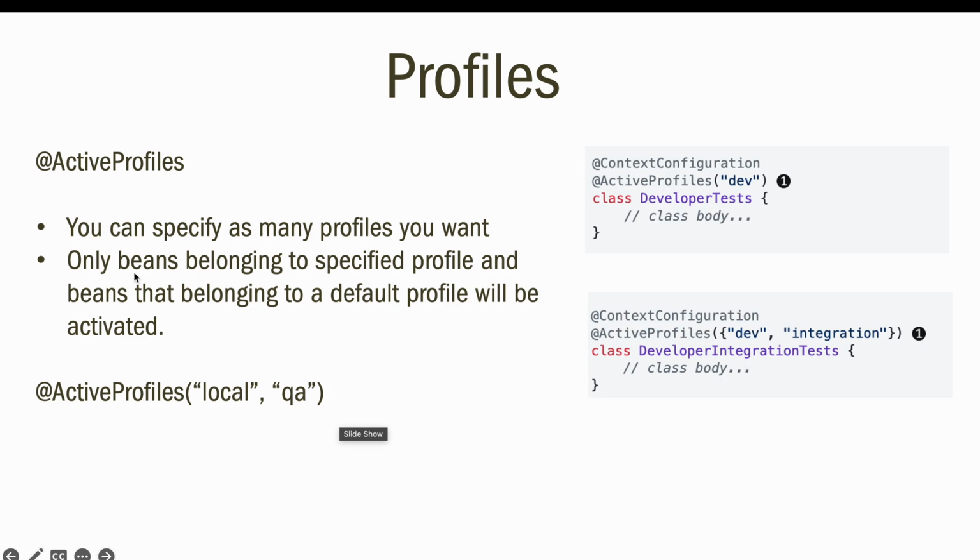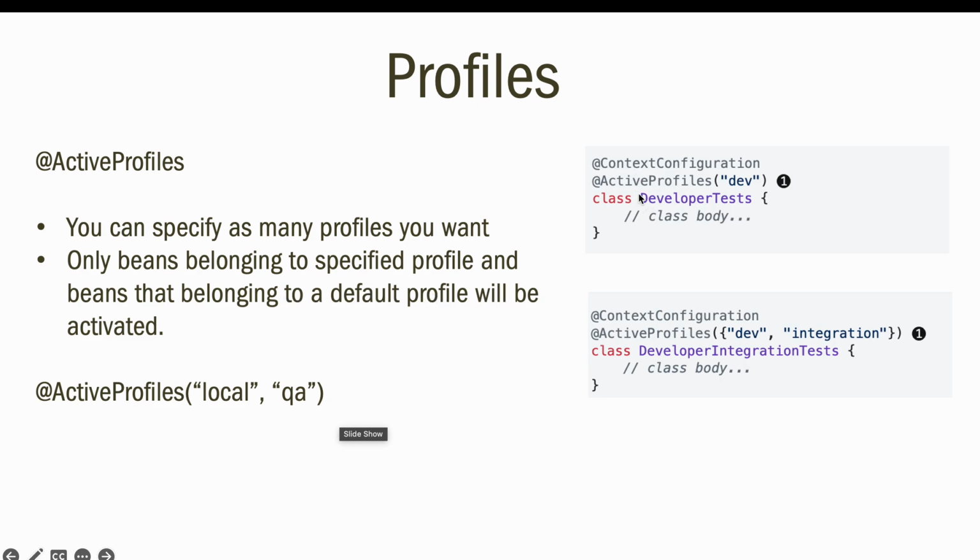So those beans that are in default profile, that means they don't have any profile. They belong to any profile that you actually specify. So it means in this case, if you say activate profiles local and QA, only beans belonging to this specified profile will be activated, as well as beans belonging to a default profile.